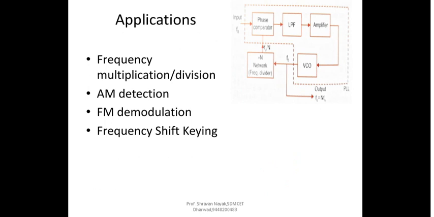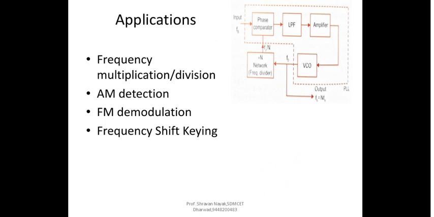Whenever you have a certain frequency, let us say 100 hertz, and I want to divide it into 20 hertz, I mean, divide it by 5. Suppose I have 500 hertz and I want to make it 2000 hertz, that means I have to multiply it by 4. So whenever I want frequency division or multiplication, the PLLs are one of the simplest options.